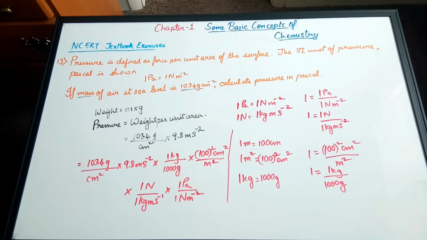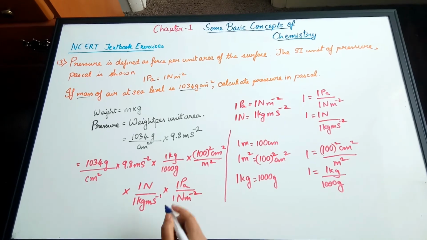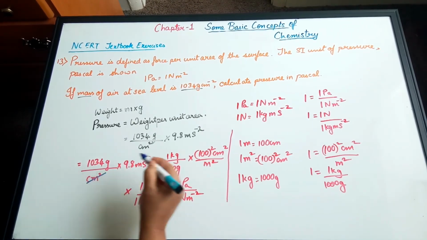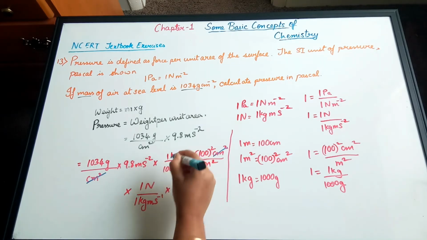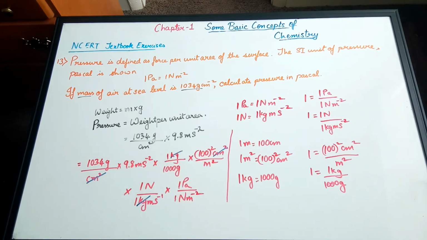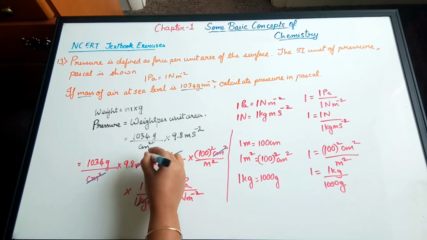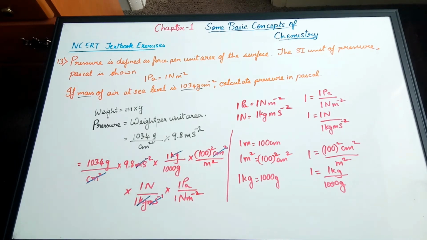Okay, now let's see. Here, let me use another ink so it's easier for you to understand. So here you have centimeter square will get cancelled with each other. Kilogram will get cancelled with each other. Meters per second will get cancelled with each other.